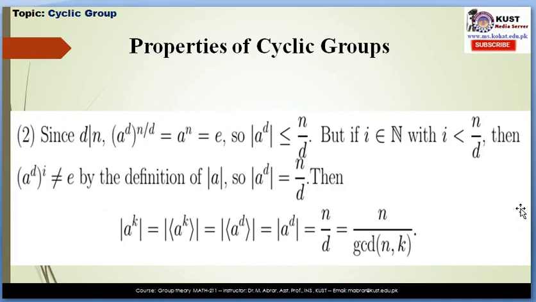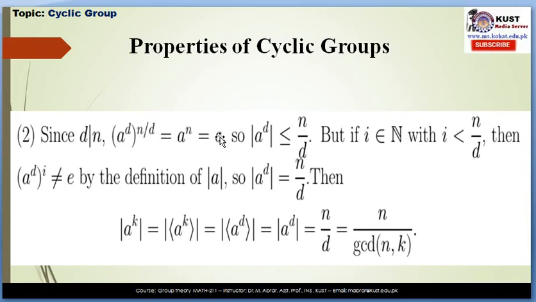In the second part, because d was the greatest common divisor, d divides n, and consequently we are able to write that (a^d)^(n/d) is a^n, which is e, because n was the order.